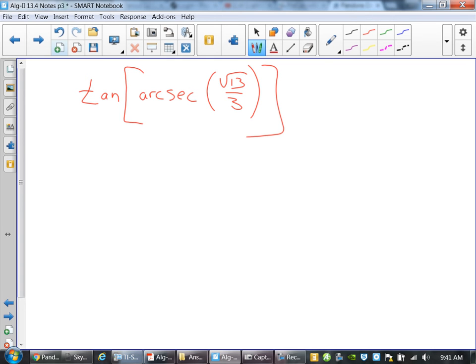You need to think about it in cool ways, like all the cool kids are doing. This means what angle has the secant of √13/3. Since it's positive, what quadrant should I drop into? I'm going to drop it to first quadrant. Okay?